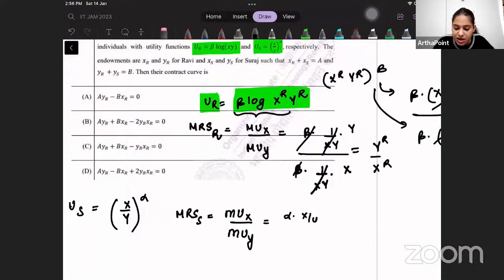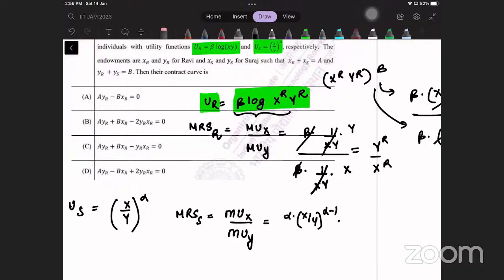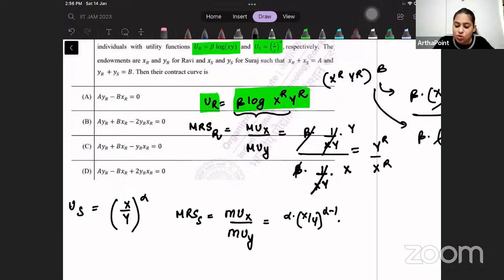Alpha X by Y to the power alpha minus 1 into, with respect to X, you will get 1 by Y. And when you differentiate this with respect to Y, what will you get? Alpha X by Y to the power alpha minus 1. Y is coming in the denominator, so the differentiation of Y will be minus 1 by Y square. So it will be minus X by Y square.